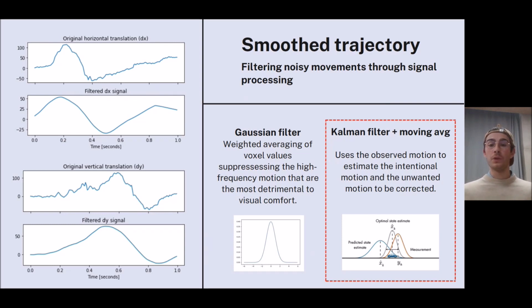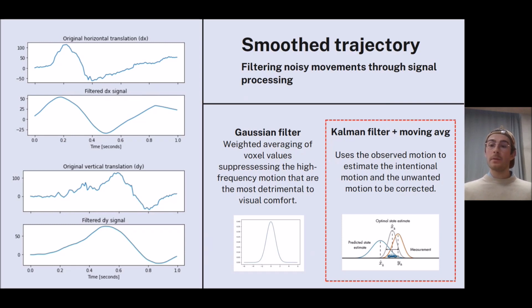We tried 2 different approaches: the Gaussian filtering method, which is weighted averaging of values to suppress the high frequency, and another method with a better result that we chose to keep.